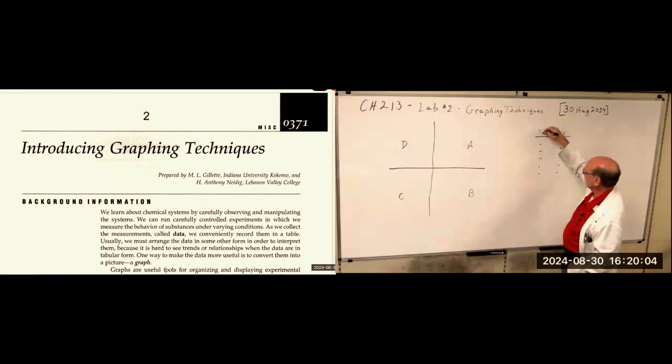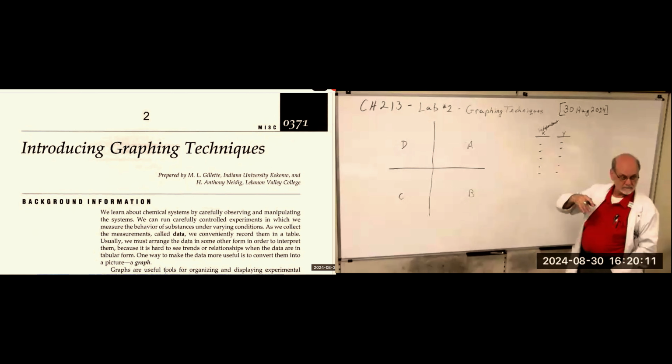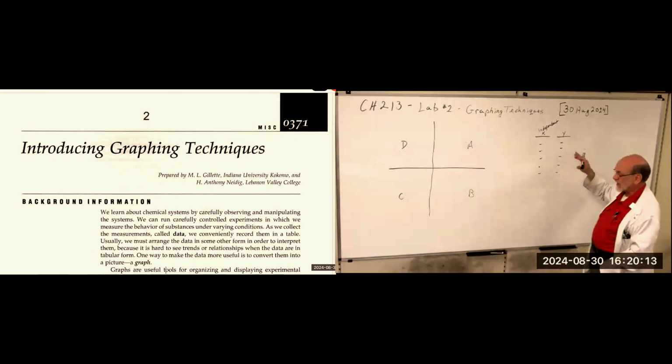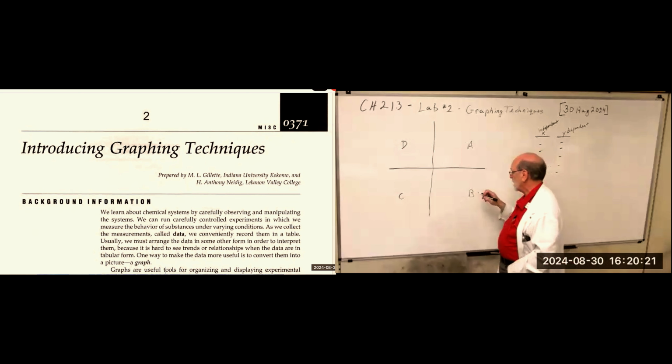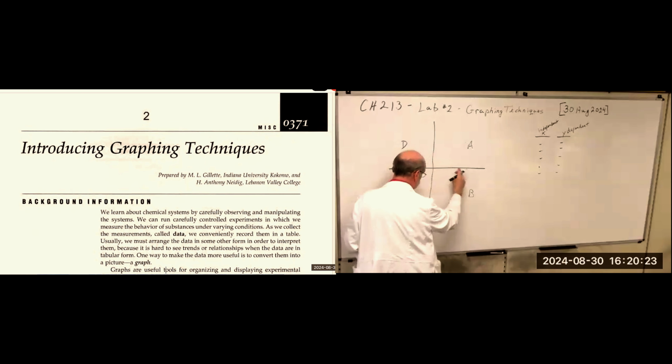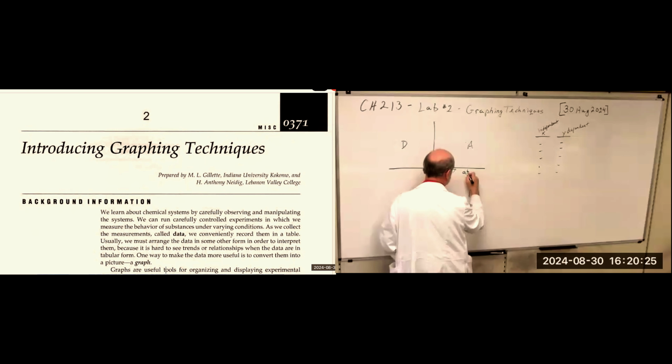This is the independent variable because we control it. The dependent variable changes with respect to what we do over here. Okay. This line is called the abscissa.